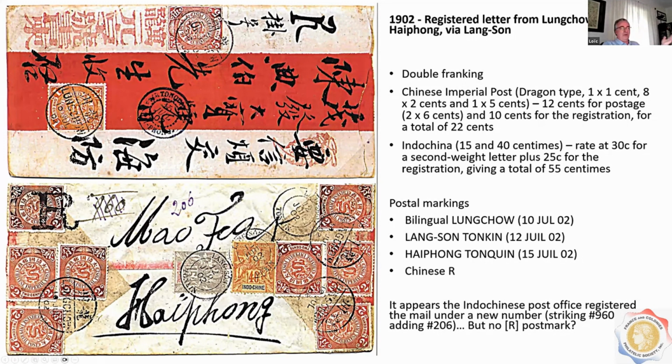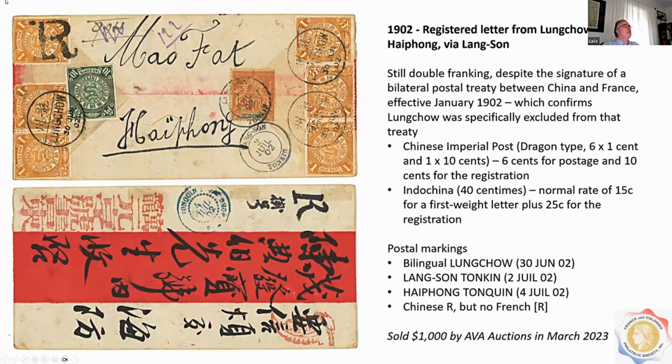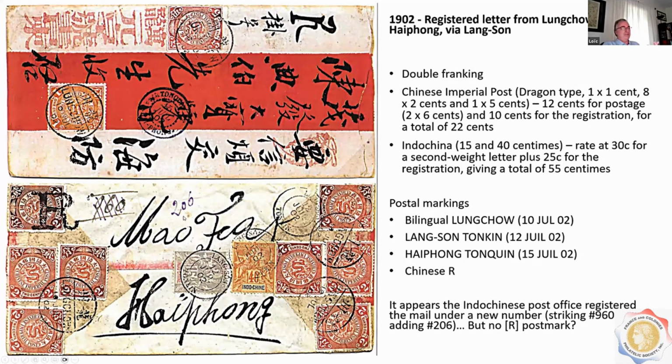I guess those numbers seem to increment almost not in parallel, but obviously there will be different registered mail in Indochina as well, sent locally in Longson, so the numbers will not increment at the same rate. But the previous one, I go back, was 904 and 122, and here we have 960 and 206.